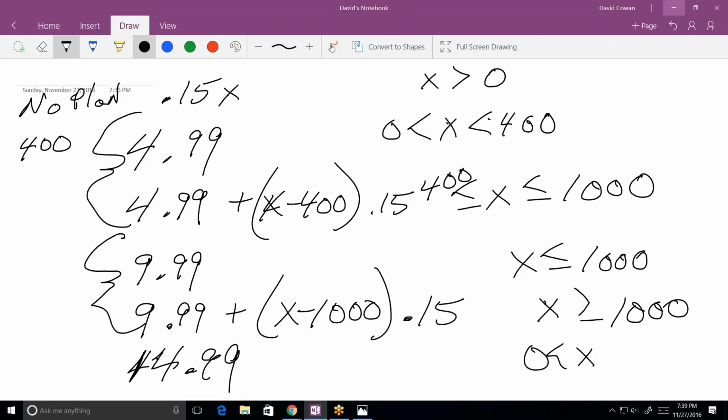In other words, this is the 1,000 plan, and this is the unlimited. So this is actually going to be the answer for number 2. Where they asked us to come up with a function for each plan. Well, 2 of these plans have a piecewise function, and 2 are for any x greater than 0.